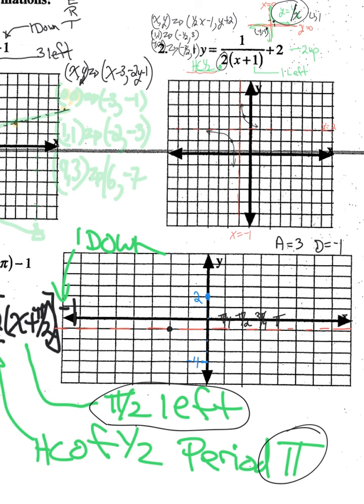The period is pi. So from this point, count 1, 2, 3, 4 π/4s. That's 1 pi. The length from here to here is the period of the function. So between these 2 points, I need to complete 1 cycle of my negative sine graph. So divide it into 1, 2, 3, 4 equal parts, and then let's do it.